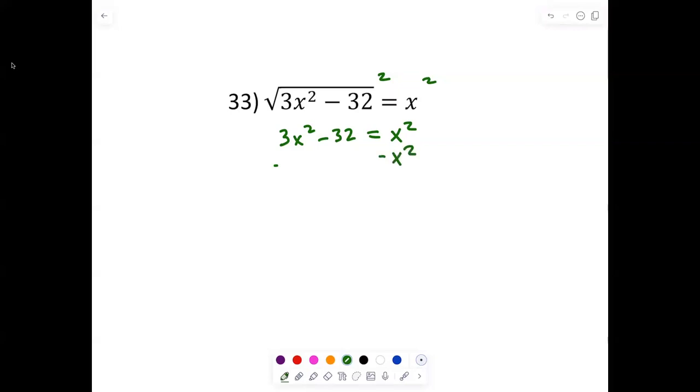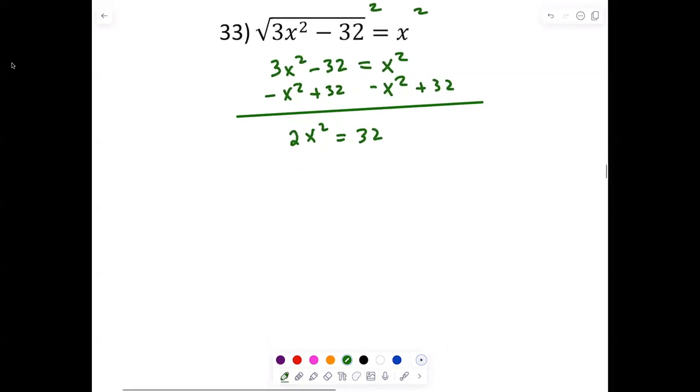Subtract x squared. Add 32. So now I have 2x squared equals 32. What do I need to do now? Divide by 2 first. So x squared equals what? 16. How many solutions are there again? 2. So x equals plus or minus 4.